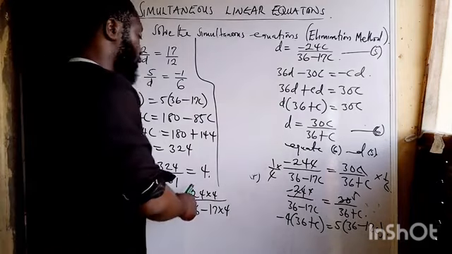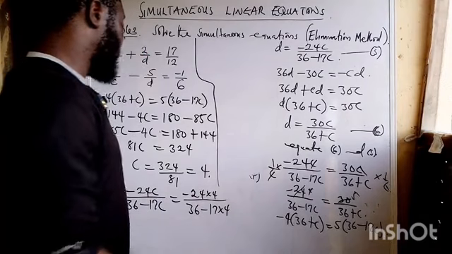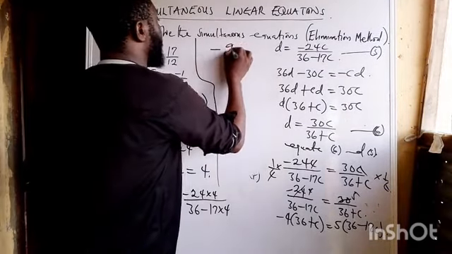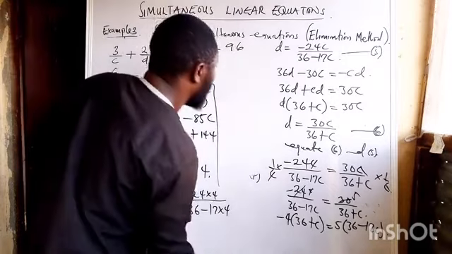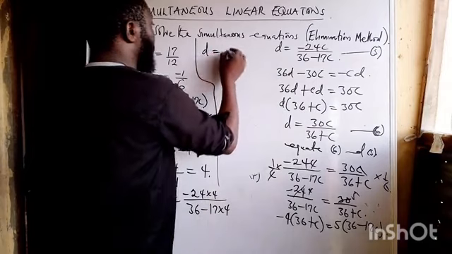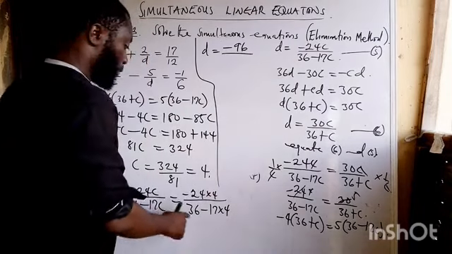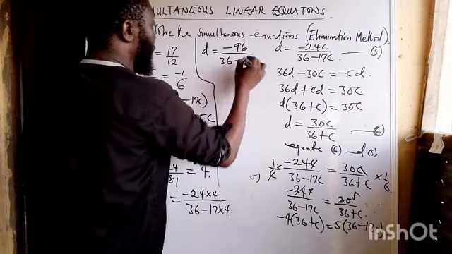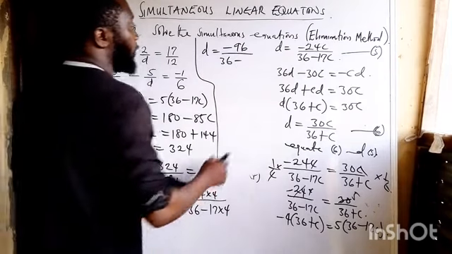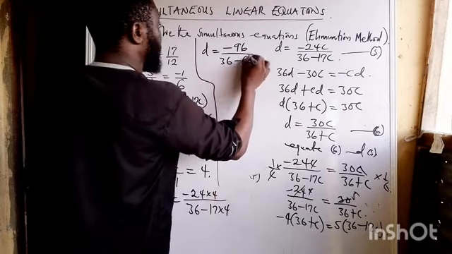Now 24 times 4 again, that is 96. So now we have negative 96. Sorry. D equals negative 96 divided by 36 minus 17 times 4. That is 68.